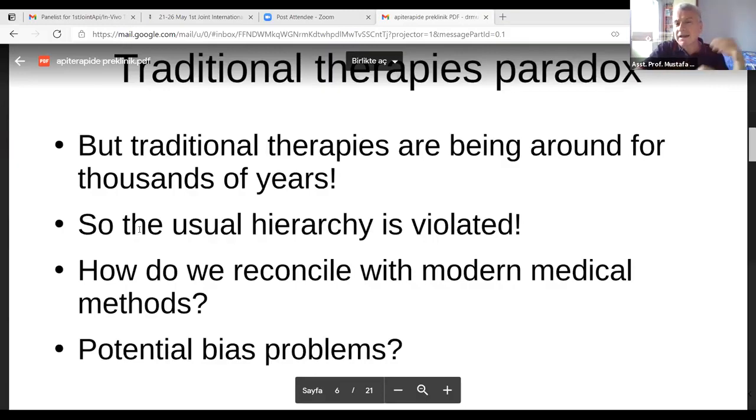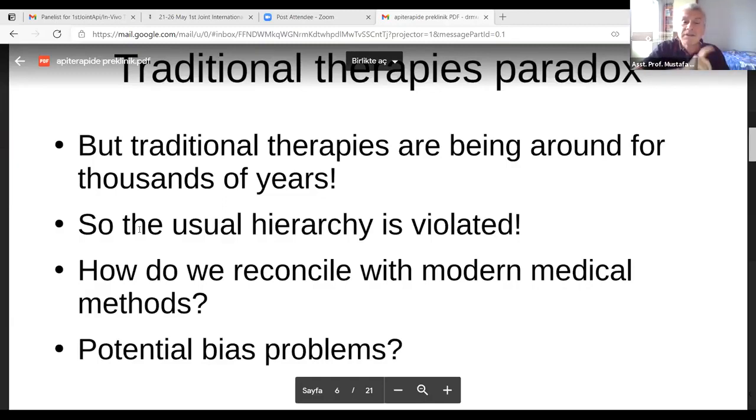On one hand, there's a method that's been used millennia after millennia, and on the other hand, we have a modern scientific methodology that we are actually competing against: drugs, scientific substances that are developed with all these stages.